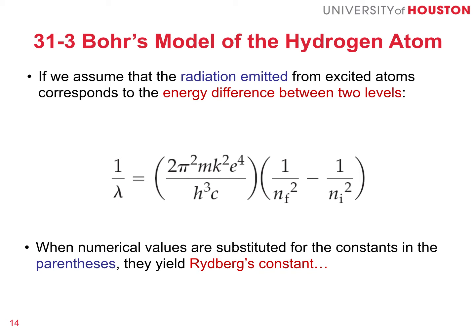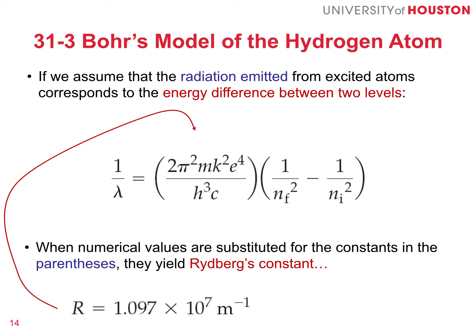It turns out the constant in parentheses, which has the mass, the Coulomb constant, the charge of the electron, Planck's constant, and the speed of light, exactly equals the Rydberg constant that we discussed for the Balmer series. This essentially meant that the Bohr model was able to reproduce the equations that describe the Balmer series, which in a sense validates the three main assumptions of the Bohr model that we discussed on slide 9.